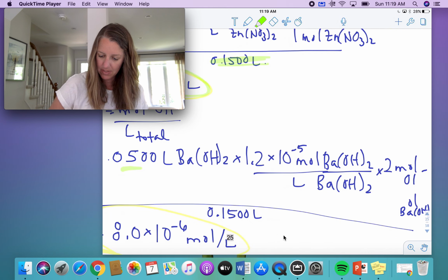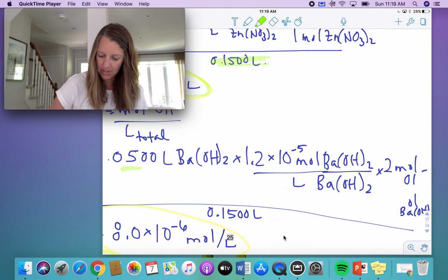Let's put this information into an ice table. We're going to put in here, what are my concentrations of the magnesium and the carbonate ions? We know that my magnesium concentration initially is already 0.5. Where did those ions come from? They came from the magnesium nitrate.